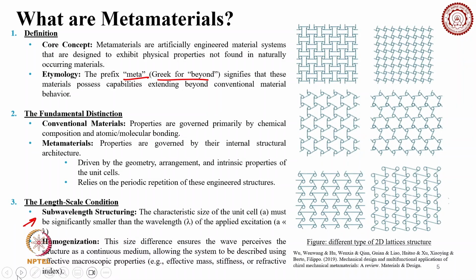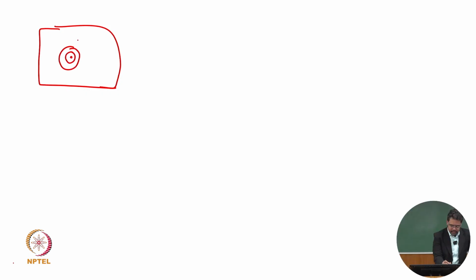Suppose I just draw. What I was telling, the sub-wavelength scale condition: let's say this is a pond and you are dropping a stone here, so you can see that wave fronts are propagating this way. Now let's say you have a small boat here.